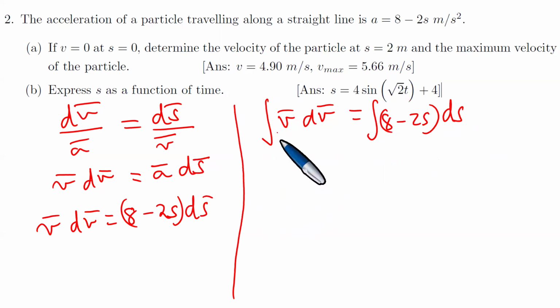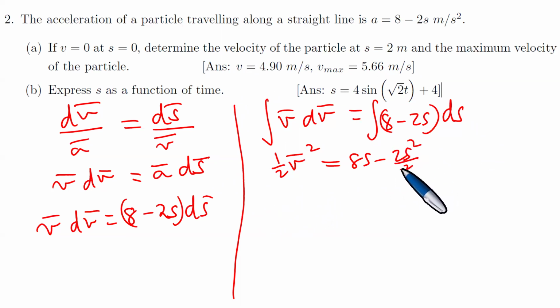Okay, let's find the velocity here. Half v squared is equal to the integral of 8, which is 8s minus 2s squared over 2, plus c.